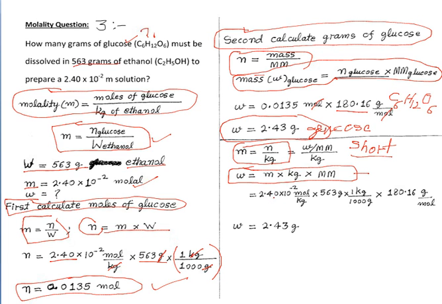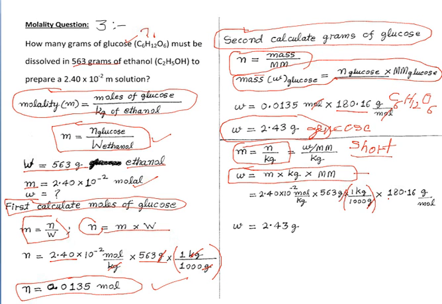So 2.4 times 10 to the minus 2 mole per kg, times 563 grams. But the important thing here is that you have to convert grams into kilograms, so you have to use the conversion factor also, and then the grams will cancel out and you get the answer in kilograms of ethanol.